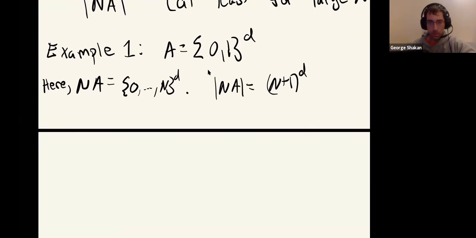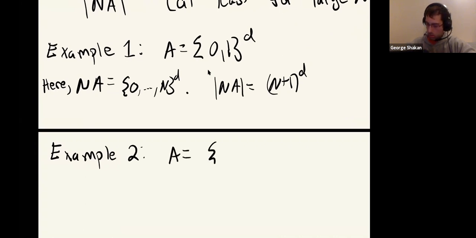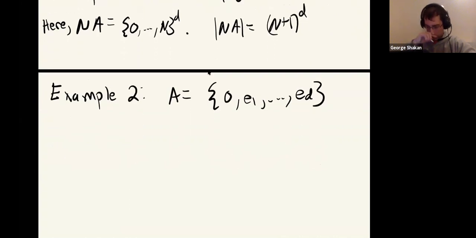Okay, so that's an easy example. Let's not dwell on it too much. Then we can take the simplex. Just taking some easy things that we can easily compute because of the nature of these sets. I'll speak more about what's going on here a little bit later.